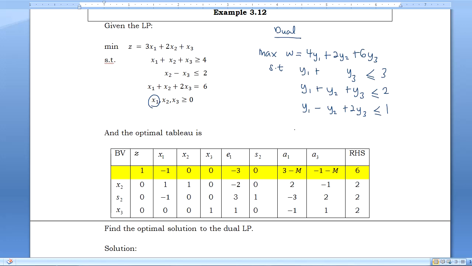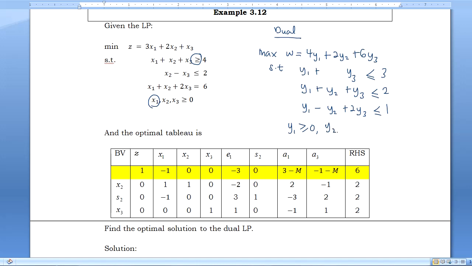Now let's write the sign for the variables in the dual. Since the first constraint is greater than or equal to, which is the sign for normal minimum, the variable y1 is a normal variable.